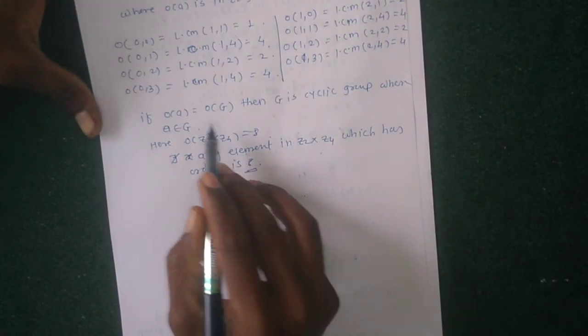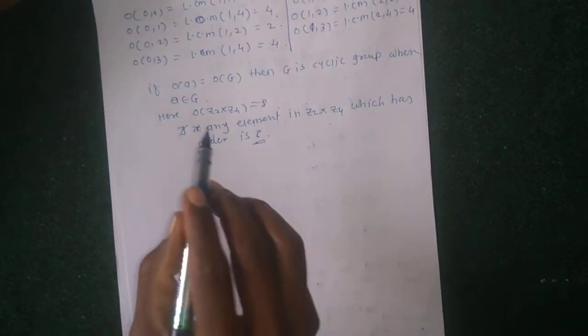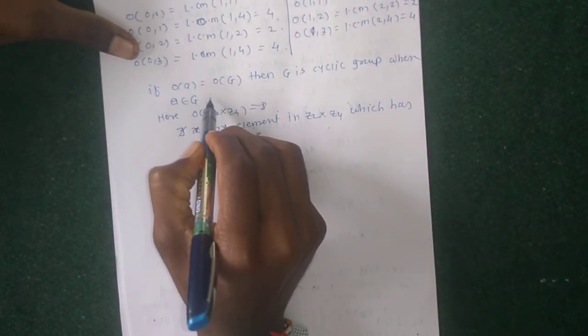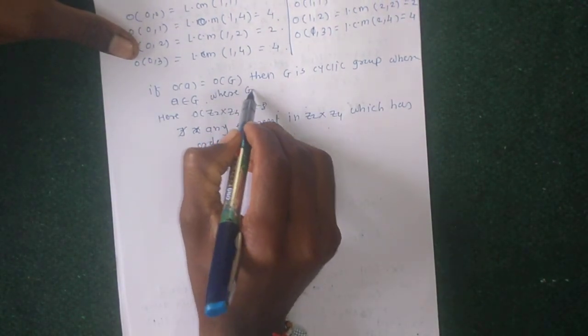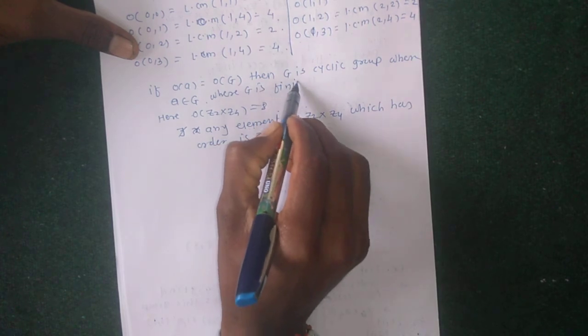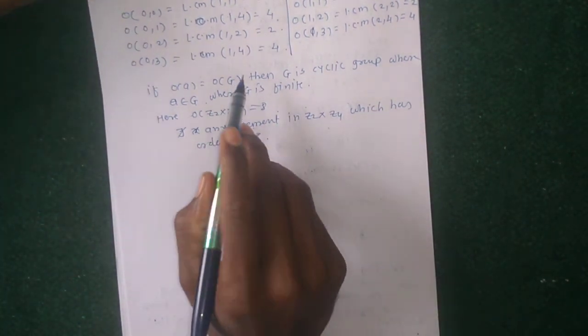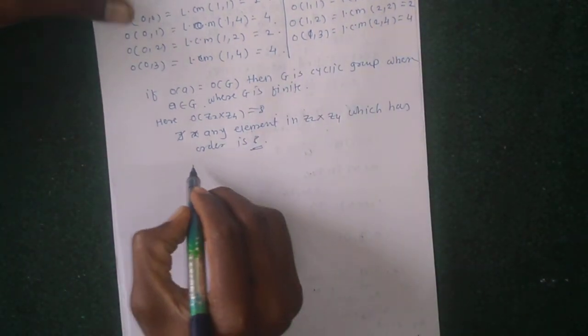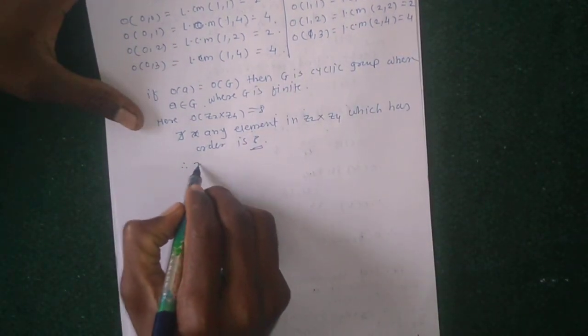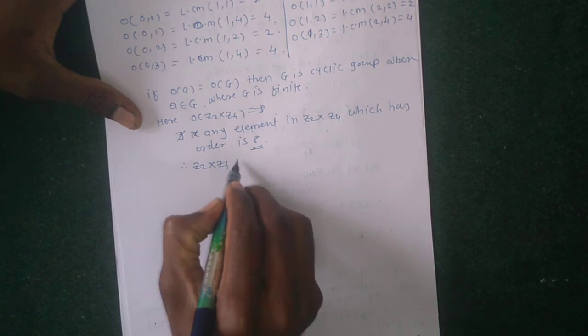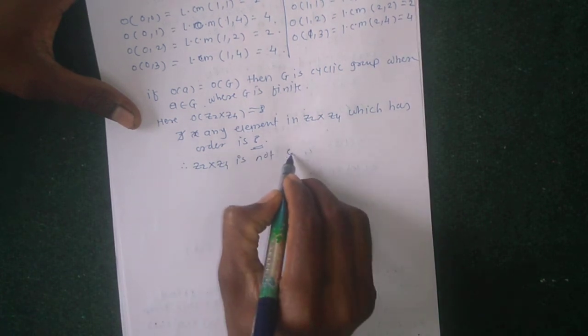So no such element exists, where G is finite. Since no element has order 8, G is not cyclic. Therefore Z2 cross Z4 is not cyclic.